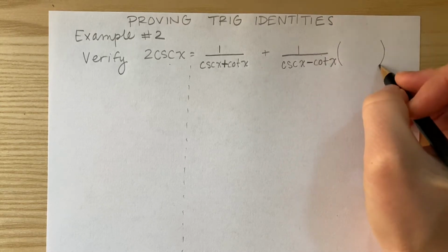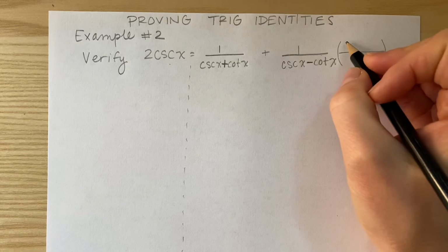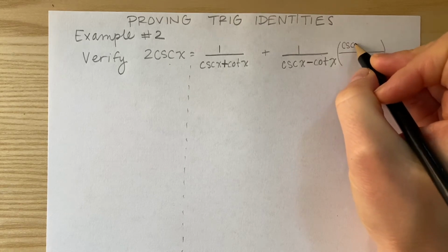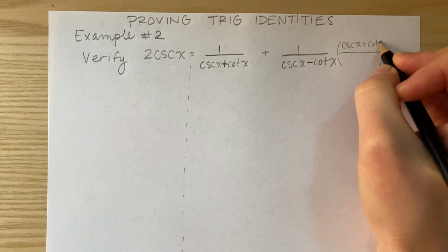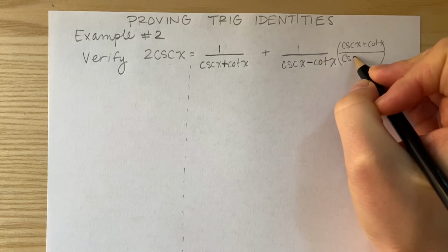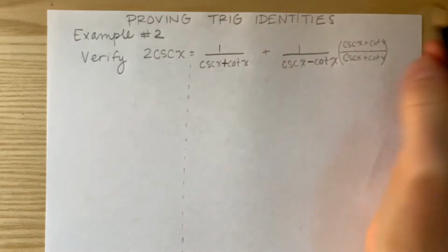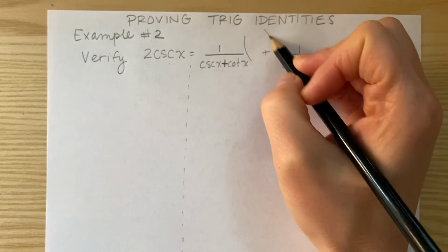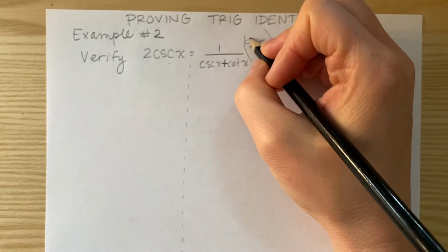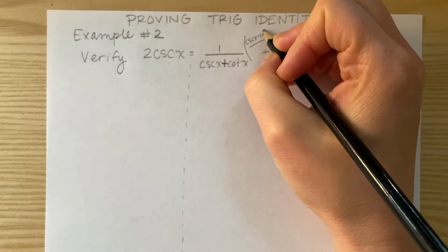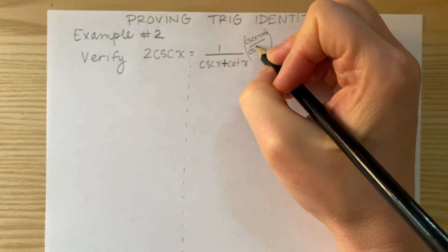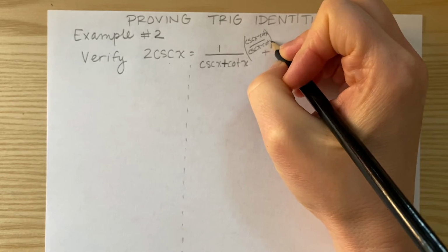So I'm going to multiply this by a carefully chosen one. I'm going to multiply this by the cosecant of x plus cotangent of x over cosecant of x plus cotangent of x. And I'm going to multiply this one by cosecant of x minus cotangent x over cosecant x minus cotangent x.